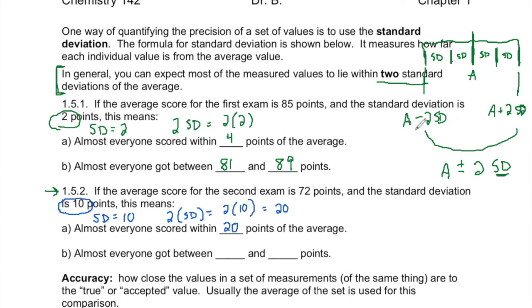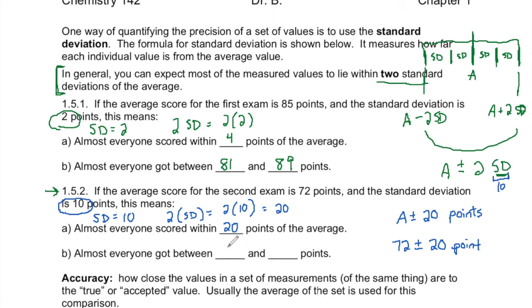So this time the range, average ±2 standard deviations, is average ±20 points, because our standard deviation is now 10 points. And in this case, our average is a 72. So this set of exam scores is 72 ±20 points.